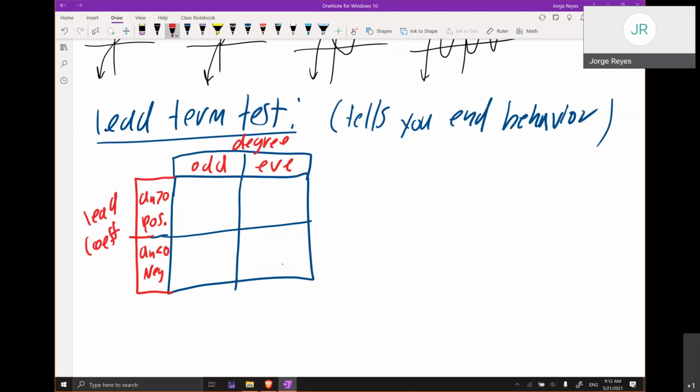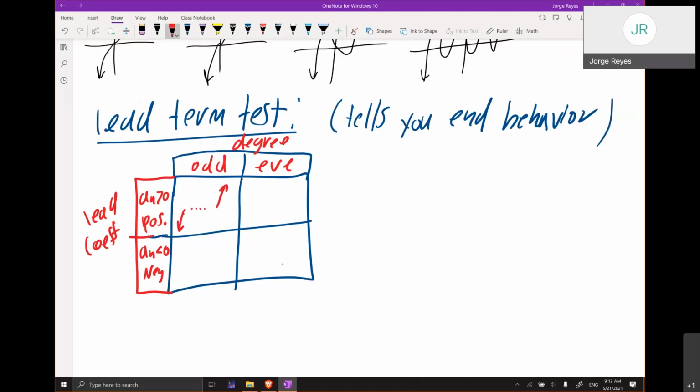What's your degree? Is it even or odd? And what's your leading term coefficient? Is it positive or negative? Okay, so if your lead coefficient is positive and you're odd, the arrows are going to start down, and then some stuff happens, and it's going to go up.